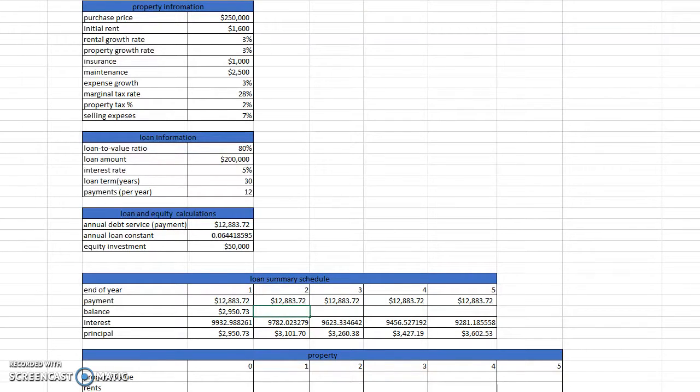Okay, so actually I messed up there. To do the balance, we'll take the loan amount and subtract the principal.